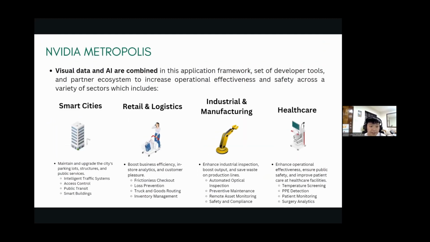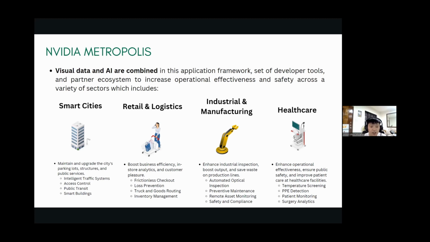Another one would be Nvidia Metropolis. Like Nvidia Clara, it also utilizes AI, but this time it also includes visual data to increase operational effectiveness and safety across a variety of sectors, which includes smart cities.